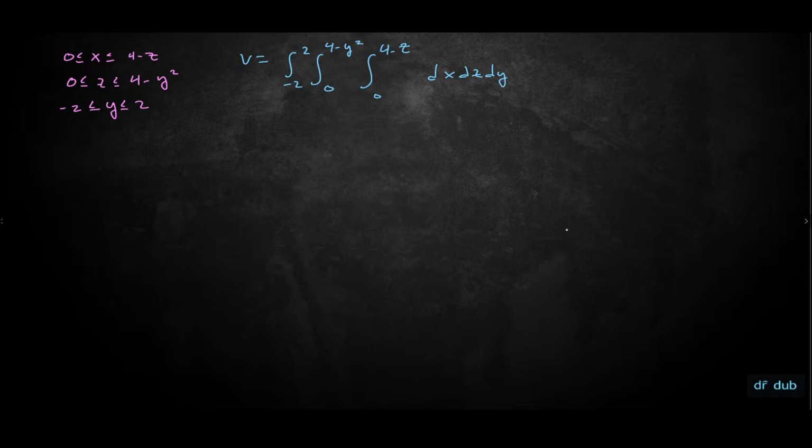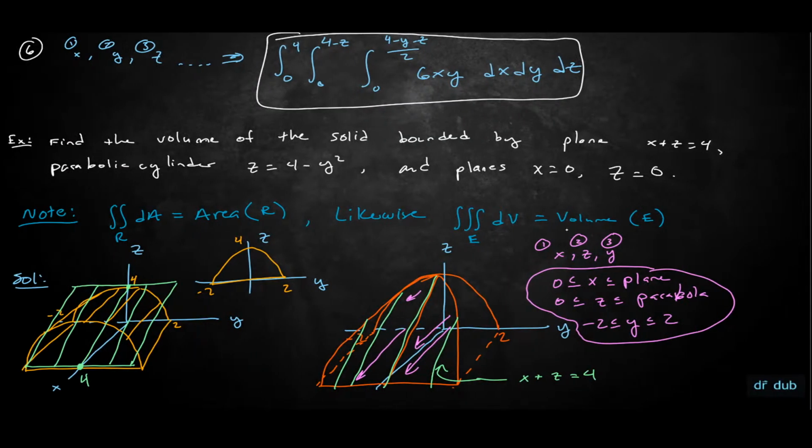We didn't really discuss the yz bounds in depth, but let's go back to this picture here. z is going to go from 0 to the parabola, while y goes from -2 to 2. So -2 ≤ y ≤ 2, and 0 ≤ z ≤ 4 minus y squared.